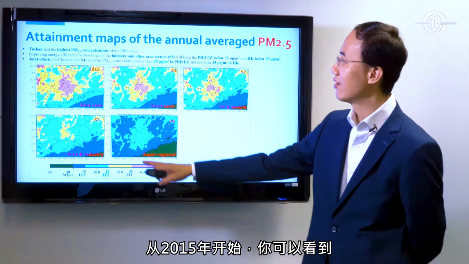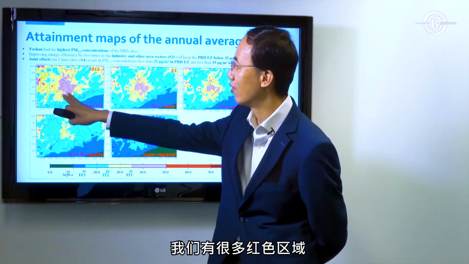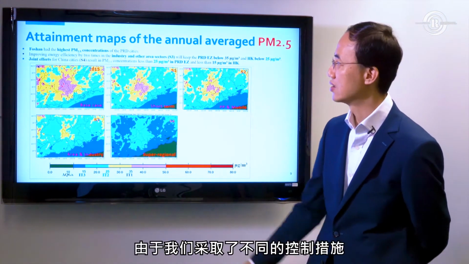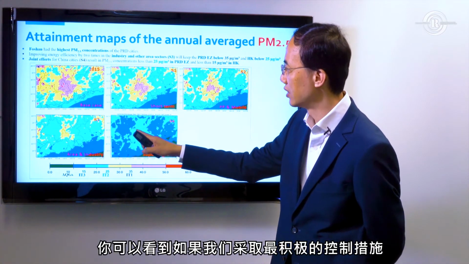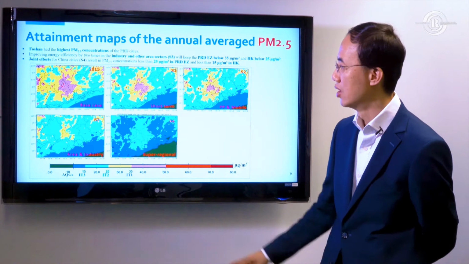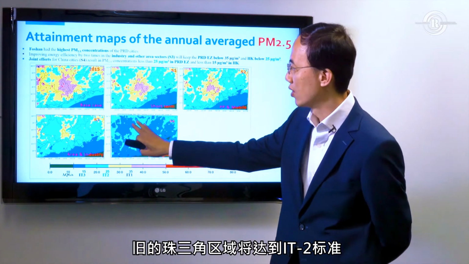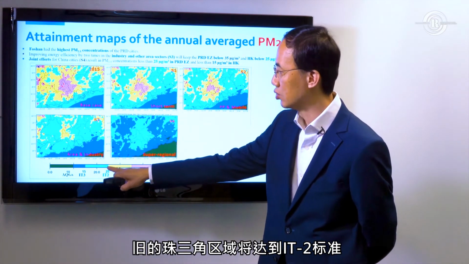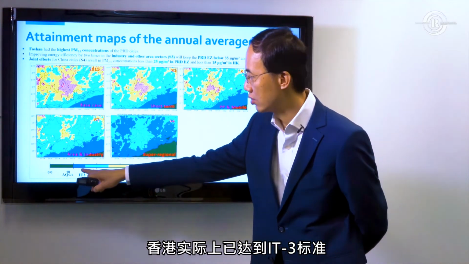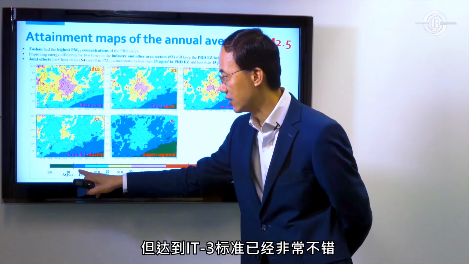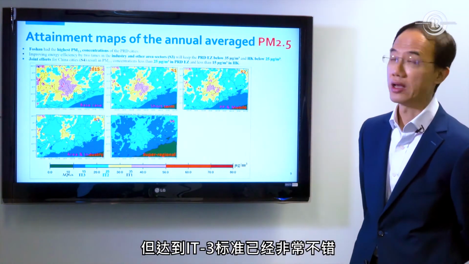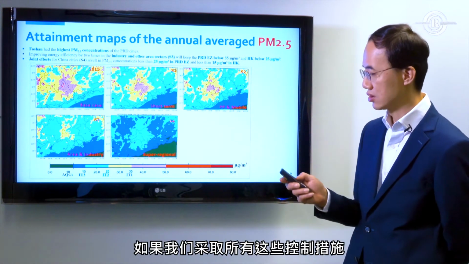As you can see, for 2015 we have quite a lot of red area. As we take different control measures, eventually, if we take the most aggressive control measure, the whole PRD would have obtained the IT2 standard, and Hong Kong actually reaches the IT3 standard. It's not quite the AQG yet, but the IT3 standard is very good already, if we take all these control measures.